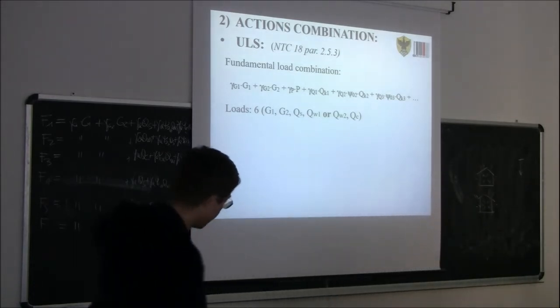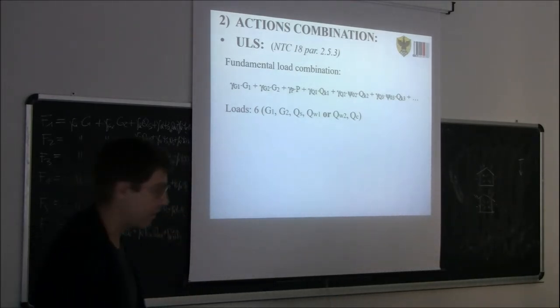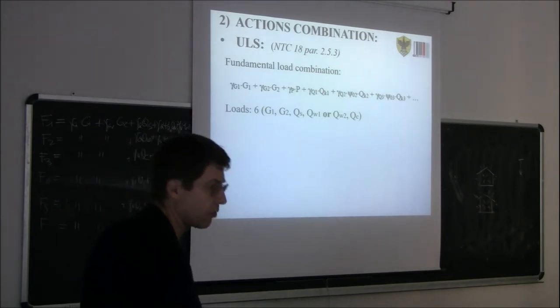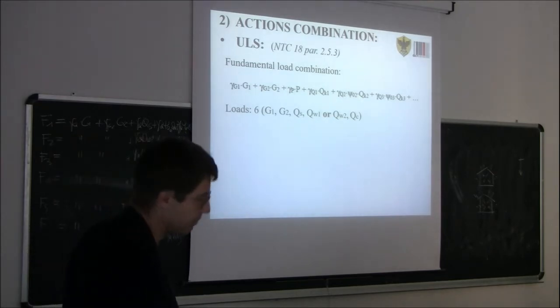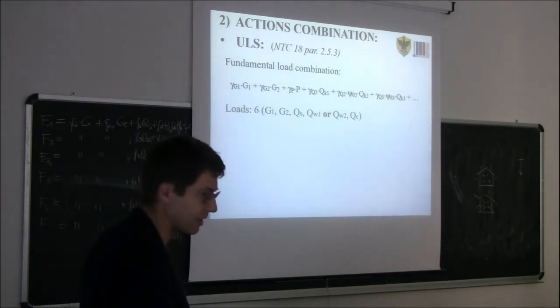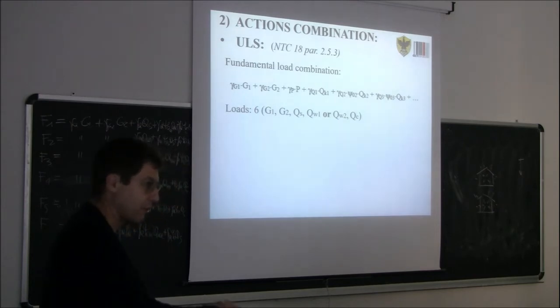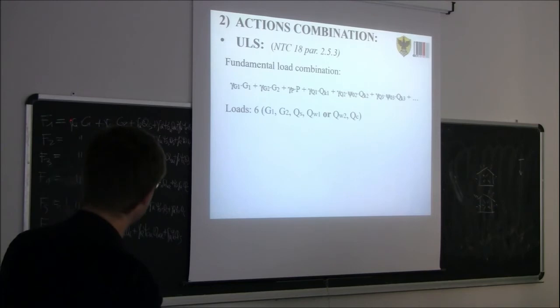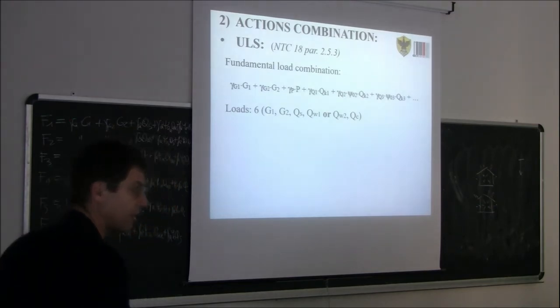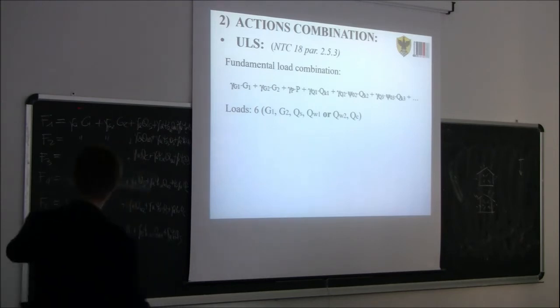Because snow is oriented downwards, and then if you have a permanent load, this is going to increase the effect due to the snow. Here we are talking simply. Now it depends, of course, on the static scheme, but if we are talking about not continuous beams, for sure it will be unfavorable, and then we have to take 1.3. So this would be 1.3.